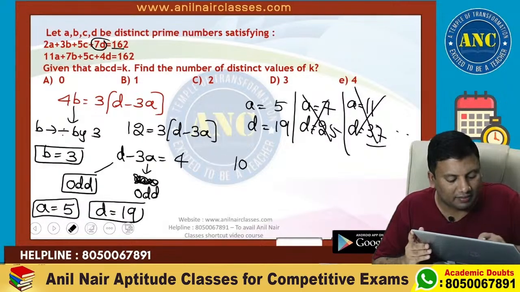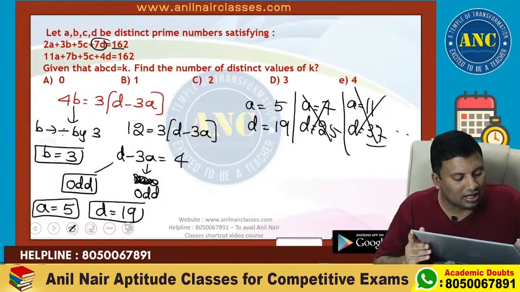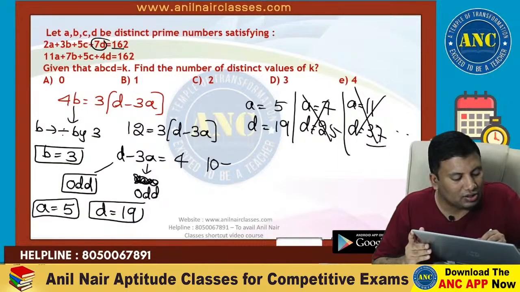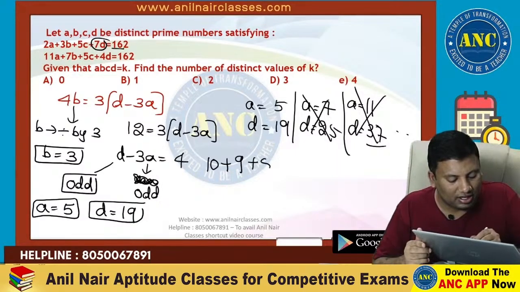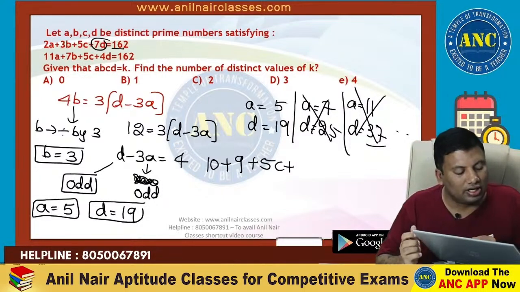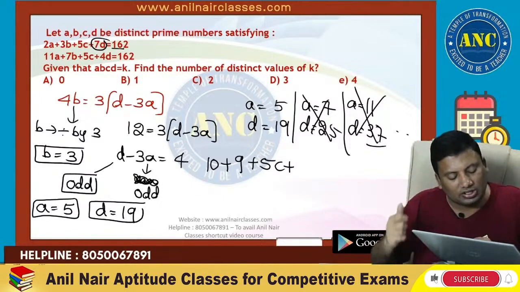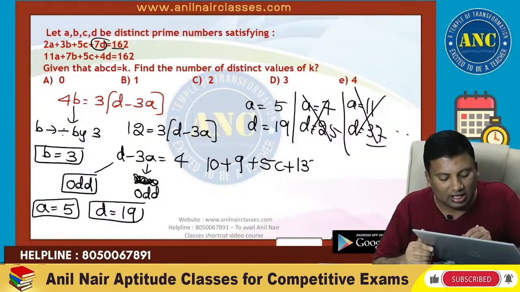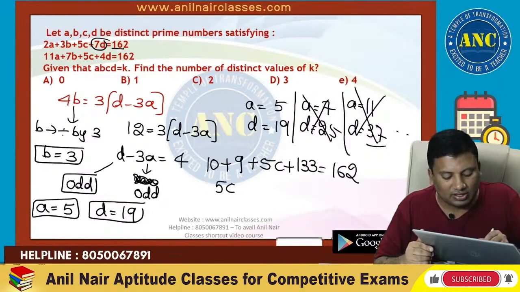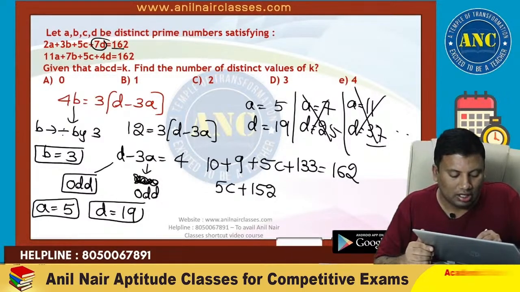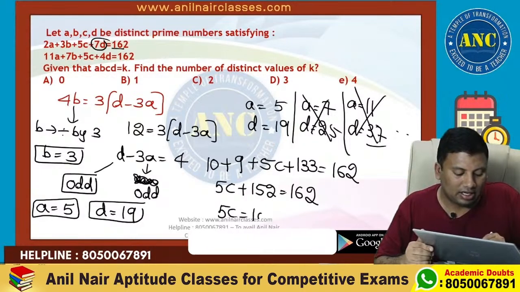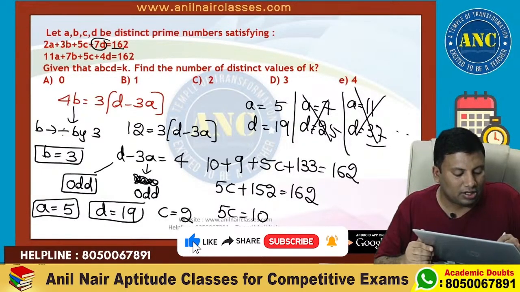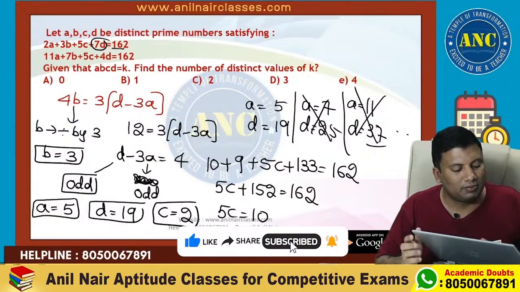I will write here, 2 5s are 10. 3 into B, 3 3s are 9. 5 into C, we require C. 7 into D, 7 into 19, which is 133. 10 plus 9 plus 133 is 152. So 5C plus 152 equivalent to 162. 5C equivalent to 10. C value is nothing but 2.